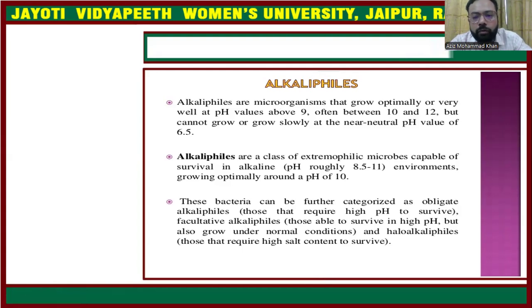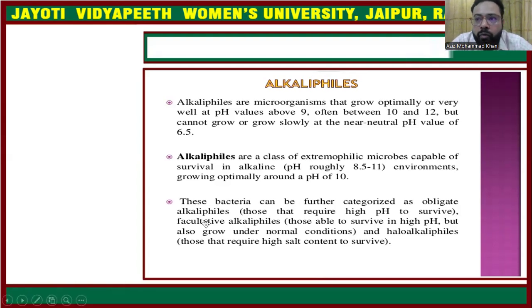So alkalophiles are a class of extremophilic microorganisms which are capable of surviving in alkaline environments, growing optimally at pH 10. What is the meaning of optimal? Optimal condition is the condition where a microorganism grows at its best, very fast in a short period of time.